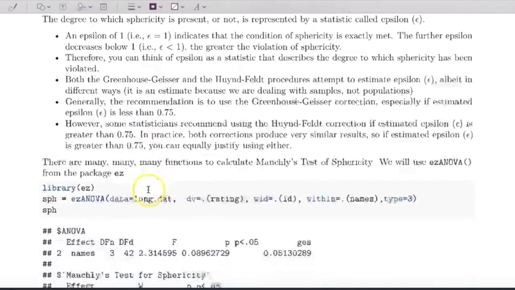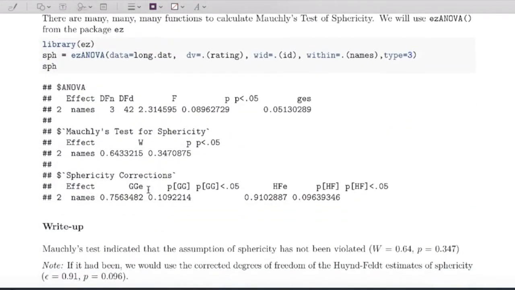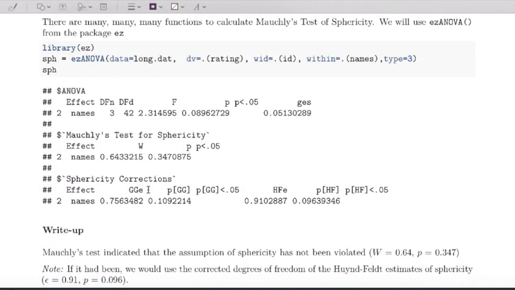There are way too many ways to calculate the test of sphericity in R. But I found the easiest one is the ezANOVA, and I think we're a little bit familiar with it already. So I went ahead and just used that one.